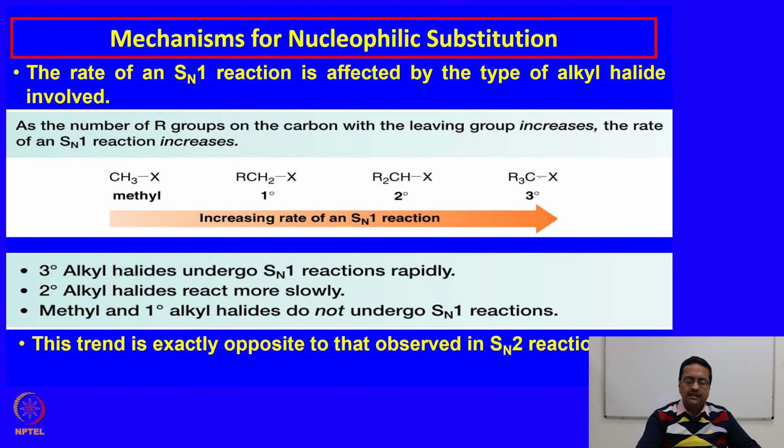That means the more polar the bond is, the more prone it is to the SN1 reaction. 3-degree alkyl halides undergo SN1 reactions rapidly. 2-degree alkyl halides react slightly slower. Methyl and 1-degree alkyl halides do not undergo the SN1 reaction. This trend is exactly opposite to what we have seen in the case of SN2 reactions.